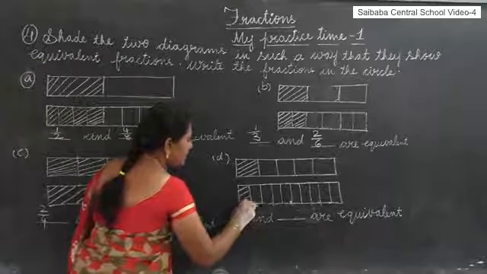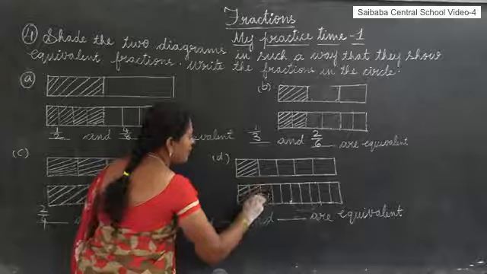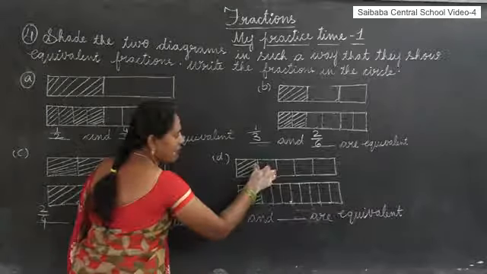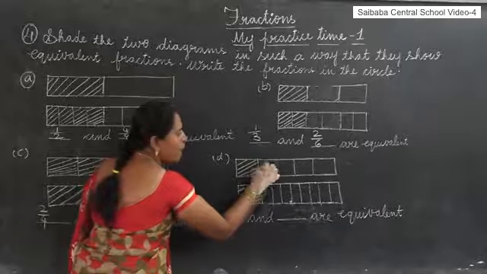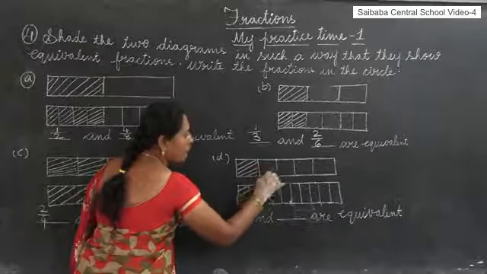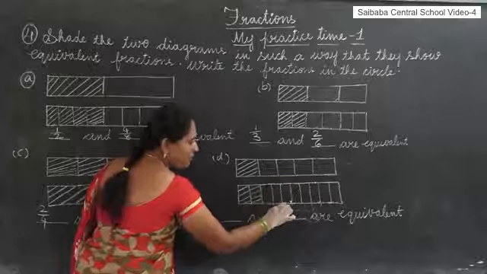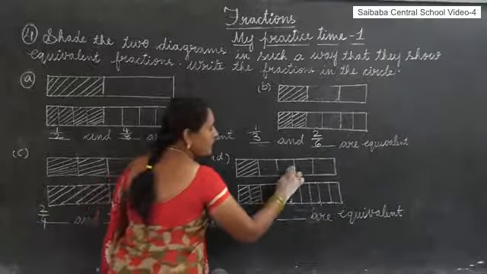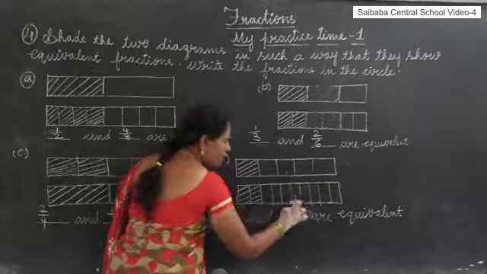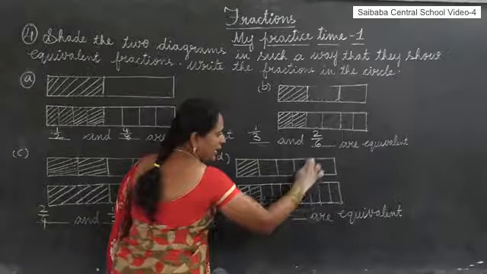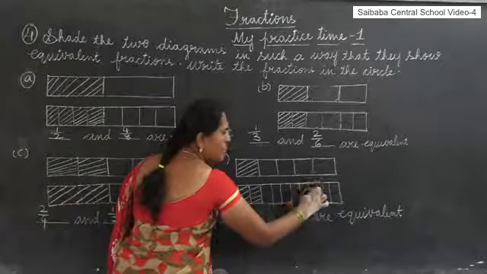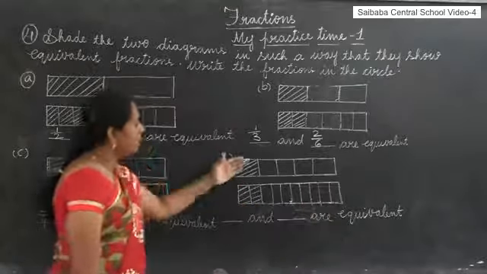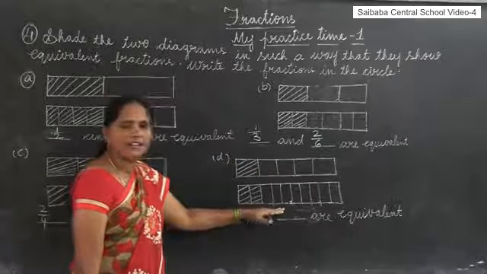Not only 2, no? If you shade 2 parts in the first whole, here we have to shade 4 parts. If you shade 3 parts, we have to shade 6. If you shade 4 parts, we have to shade 8. So, you get many equivalent fractions.